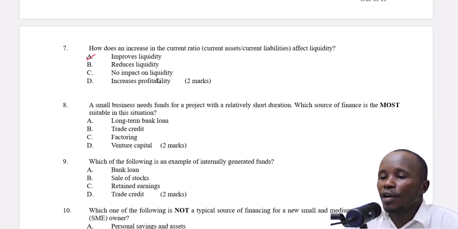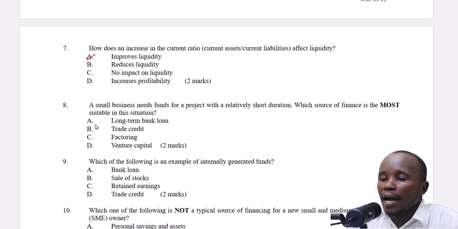If you look at B saying reduce liquidity, that is wrong. No impact on liquidity, that is wrong. Increase profitability, no. Profitability has no relationship with current ratio. Profitability is more about sales. Therefore, in this question, you are supposed to say improve liquidity.